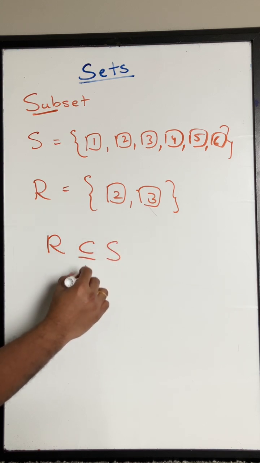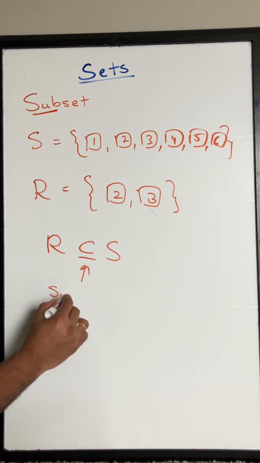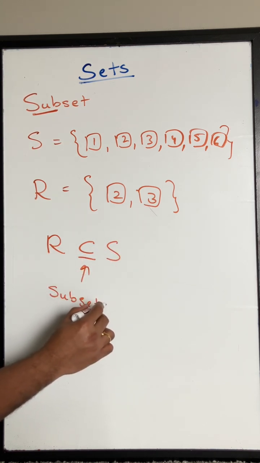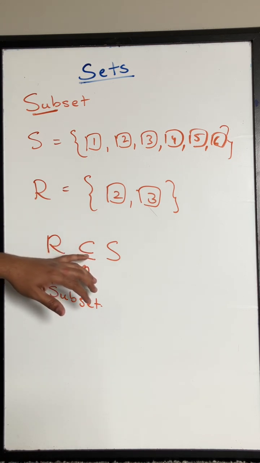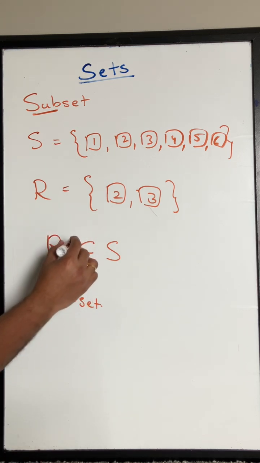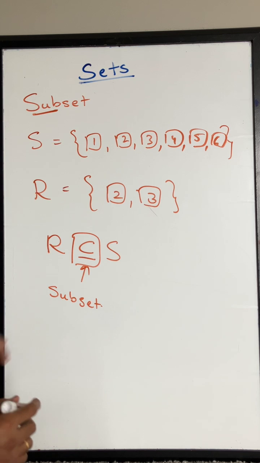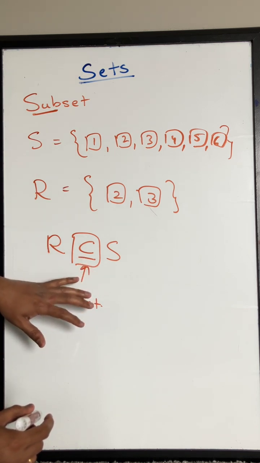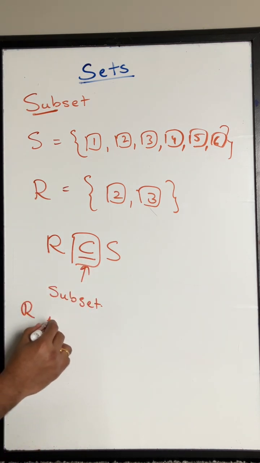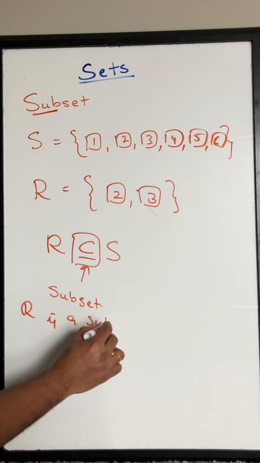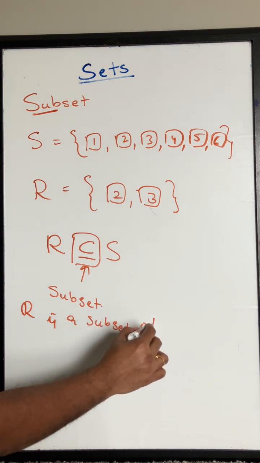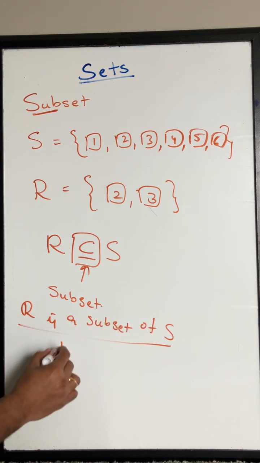How do we write subset? There is a special symbol for this. Mathematics is all about symbols, so learn the symbols rather than writing words like "R is a subset of". Instead of writing this big sentence, we write the symbol.